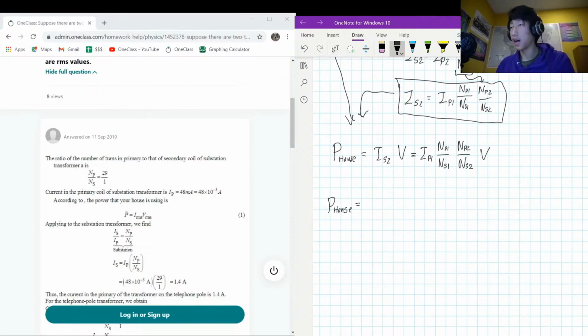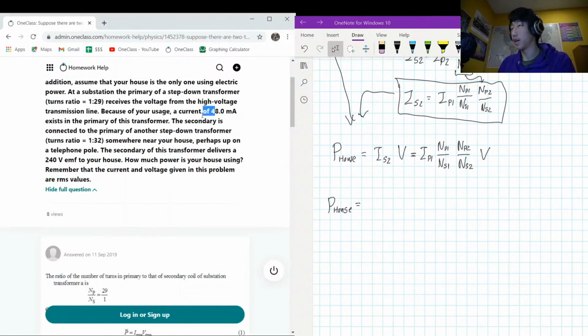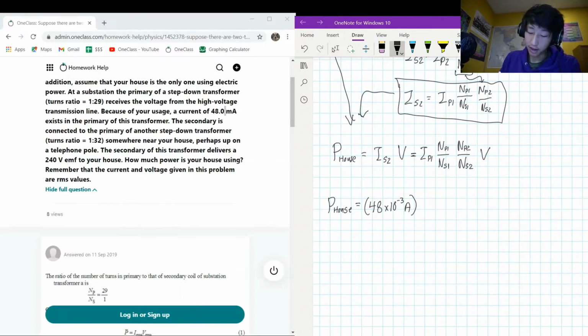Okay, so P house is equal to, what's IP1? IP1 is the current observed originally from the power station. So that's 48 milliamps, 48 times 10 to the negative 3 amps. That's another way of saying milliamps. Multiplied by NP1 over NS1, so that was 29 over 1. So this is transformer 1.